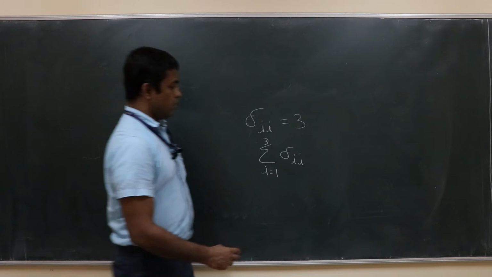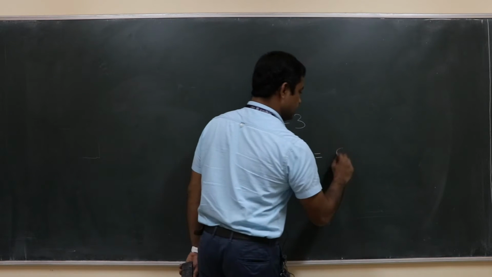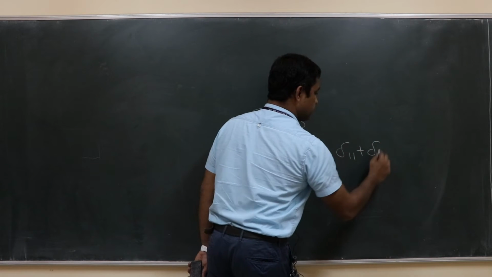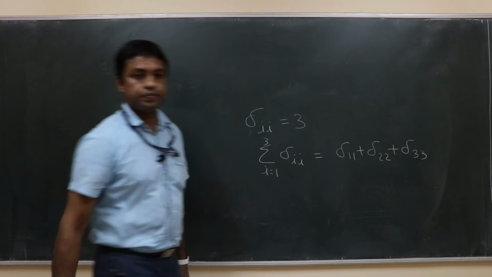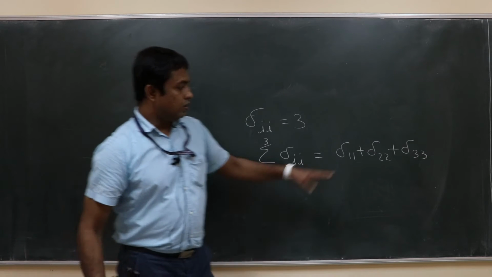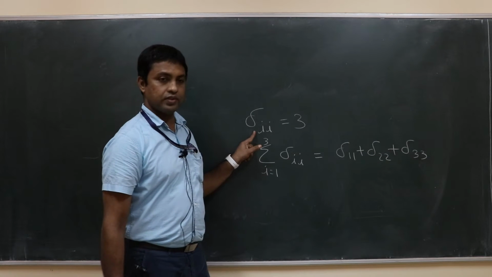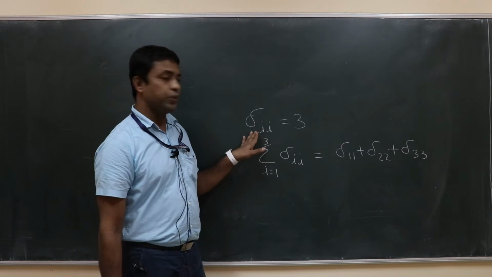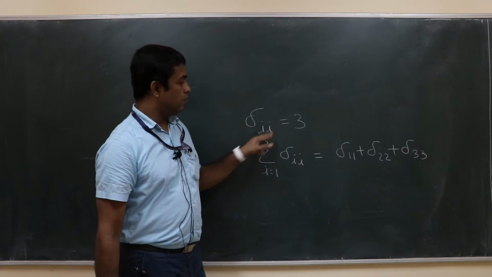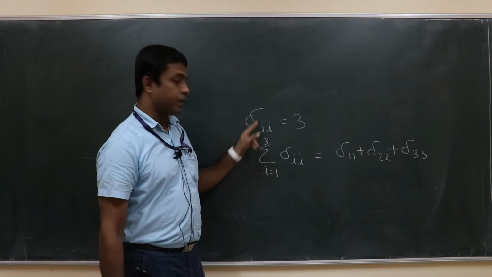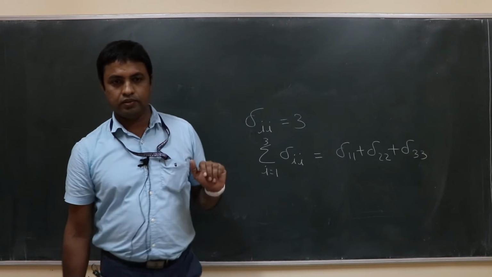If you don't want to use either of them, this is equal to delta 11 plus delta 22 plus delta 33. You can choose whether you want to write like this or like this, it is up to you. But when you do a lot of calculations, it is easy to represent the equations using the index notation. That's all.